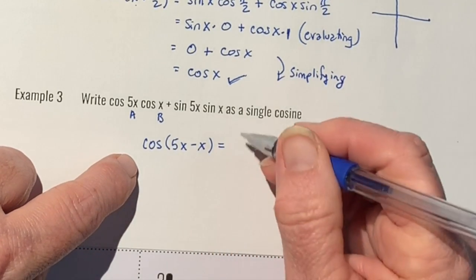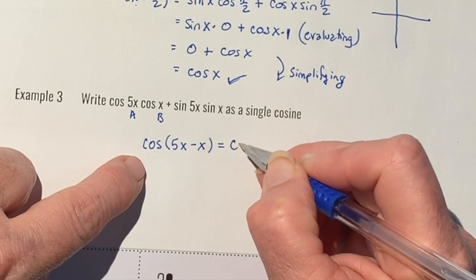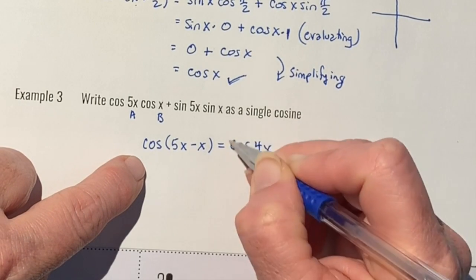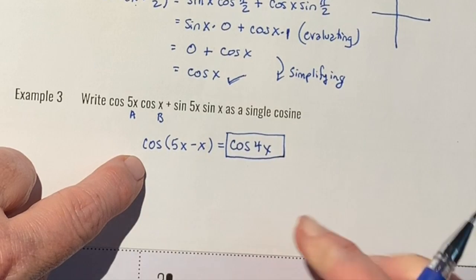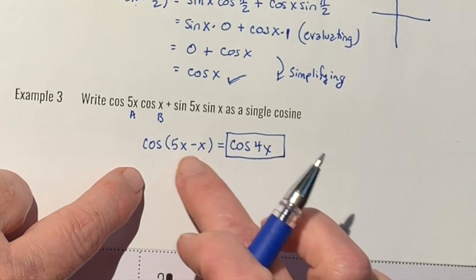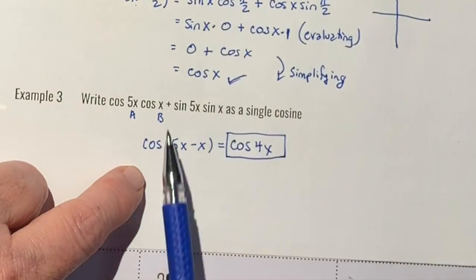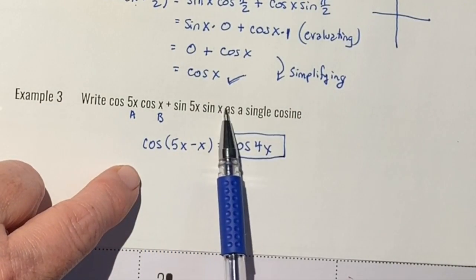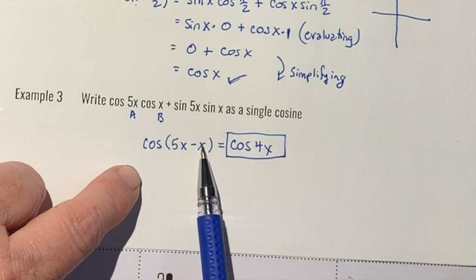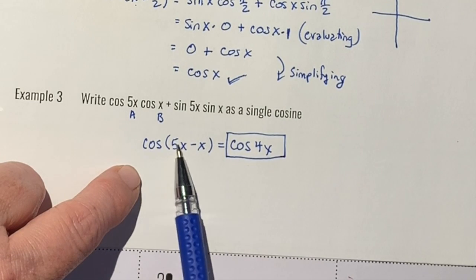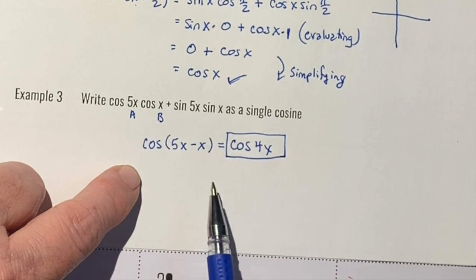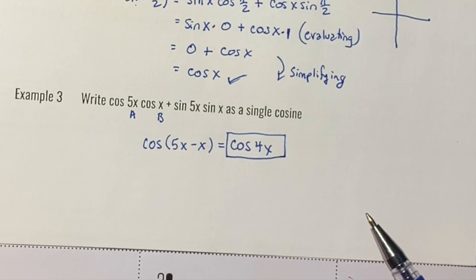Well, 5x minus 1x is 4x, so cosine of 4x. And so cosine of 4x can be written as cosine of 5x minus 1x, and if you apply the difference formula to this, this is what you would get: cosine of 5x, cosine of x, plus sine of 5x, sine of x. And that's all there is to that one.